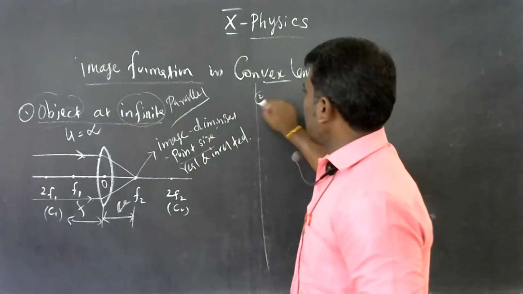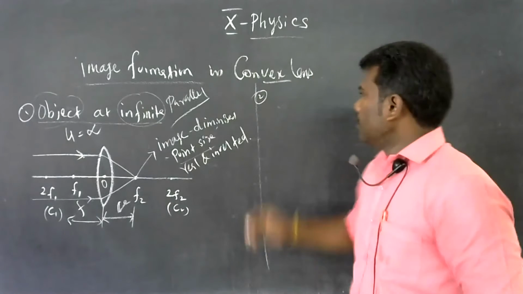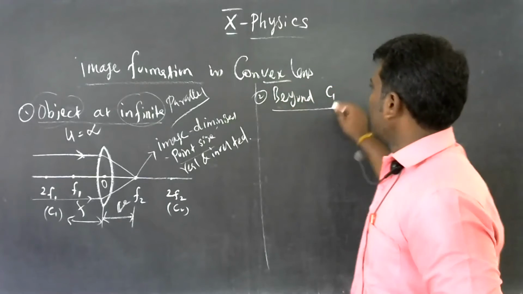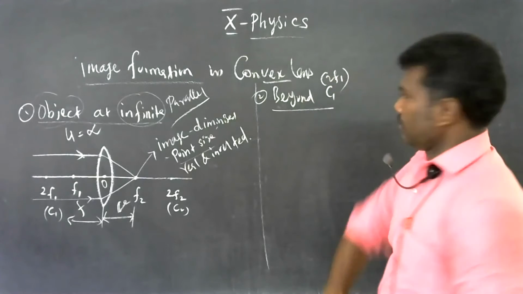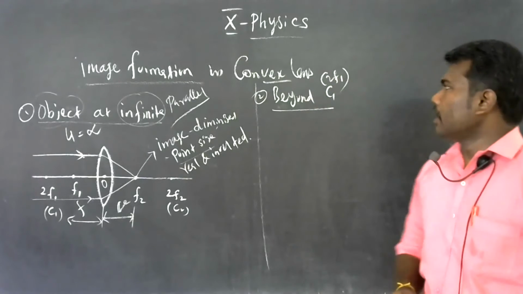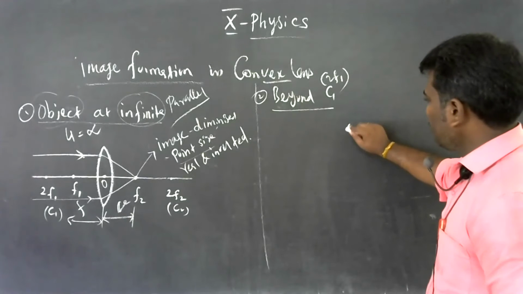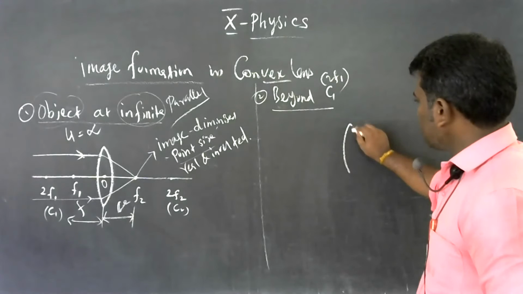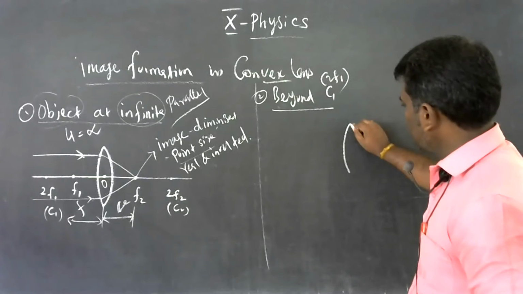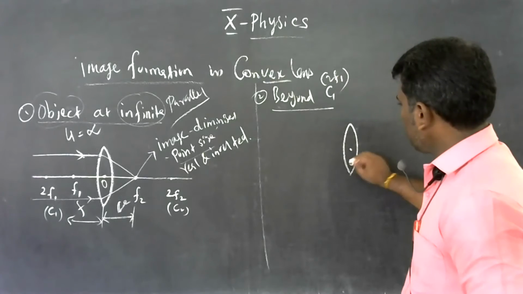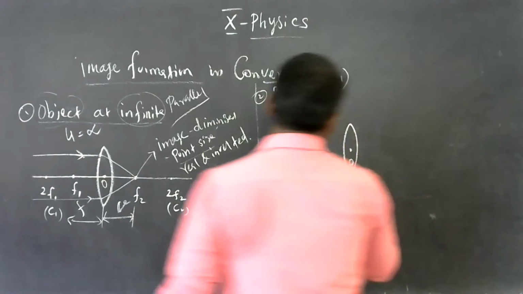In the second case, I am going to locate the object beyond C1 or beyond 2F1. Same lens, but the object is located in a different place. Convex lens. This point is O, and the principal axis.